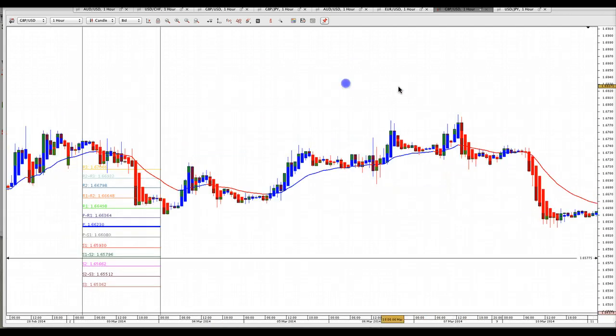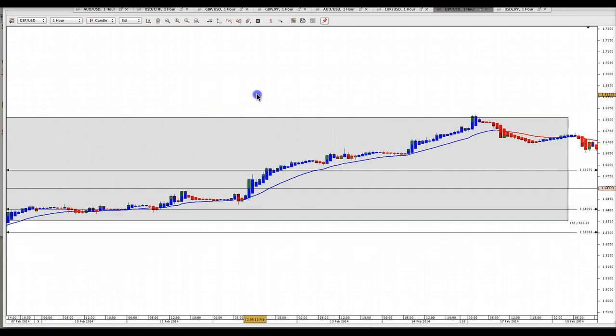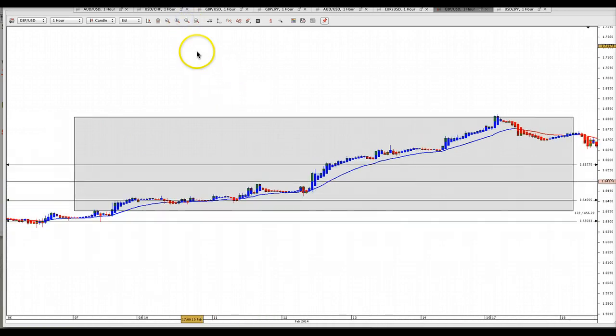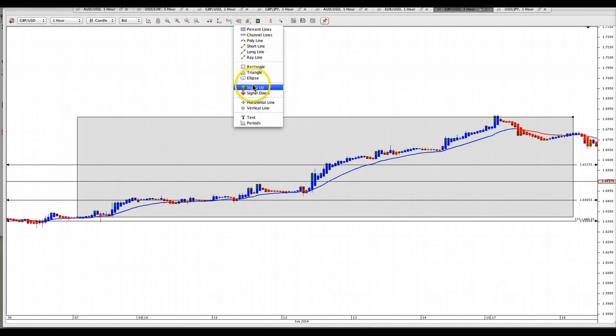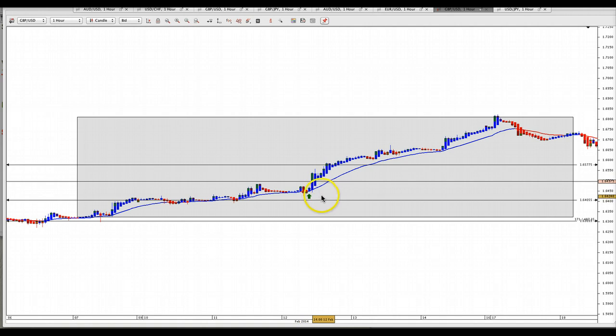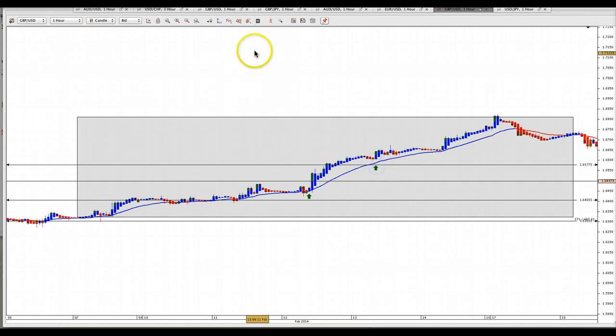So I scroll down, and here's the shaded area. This represents the uptrend on the 4-hour chart, and all I need to do is wait for the candles to turn blue into the direction of the 4-hour chart, and that's my alert. That's my signal to take a trade in the direction of the 4-hour chart.